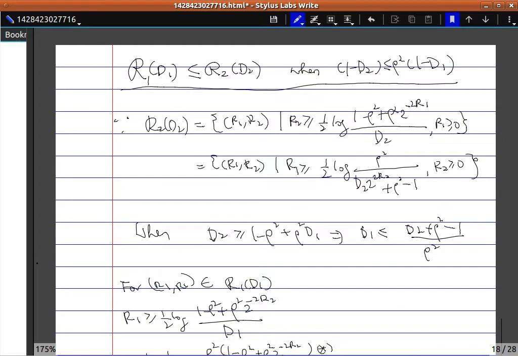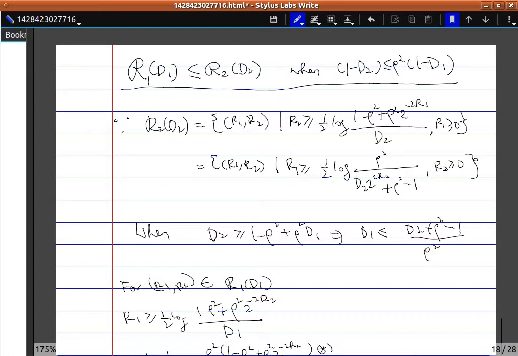Okay, now let's show that R1 D1 will also be inside R2 D2 when the same condition is satisfied. So we can recall that R2 D2 is given by that, or we can rewrite that, just flip the condition here.